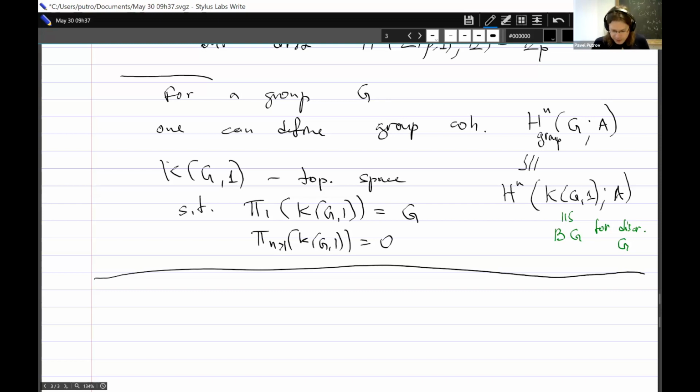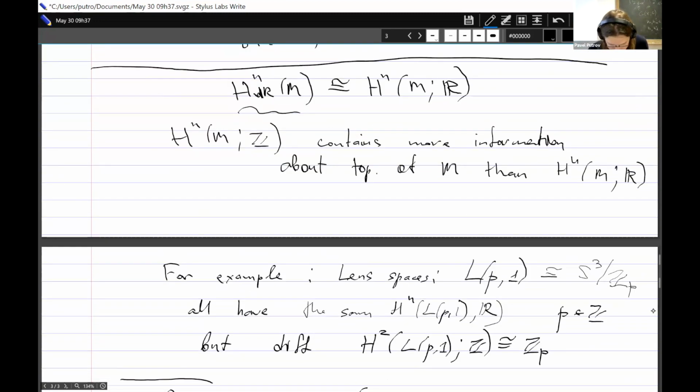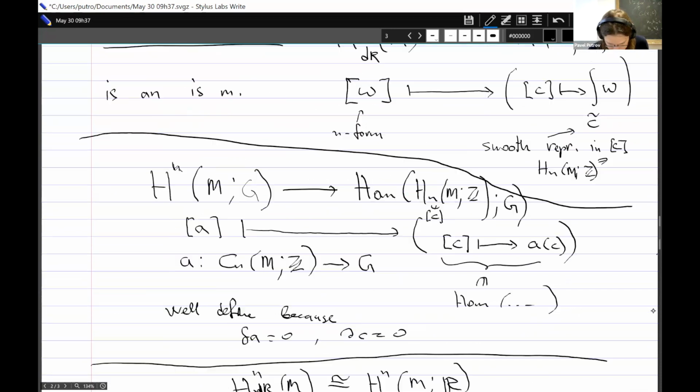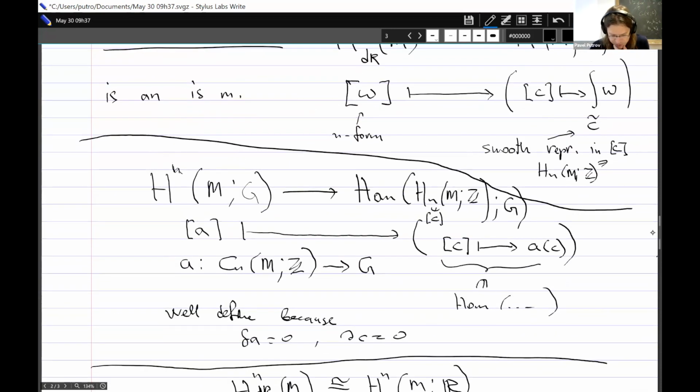When I'm talking about C, you mean C as a cycle, a kind of cycle representing elements in homology?